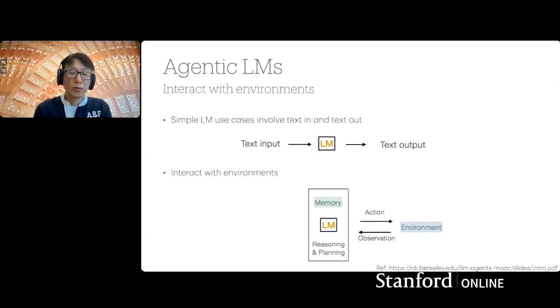Agentic language model usage could be that the language model does something with the environment by generating tool usage or a retrieval request, and then the environment, anything outside of the language model, could provide an output, information that can be fed back to the language model as an observation.